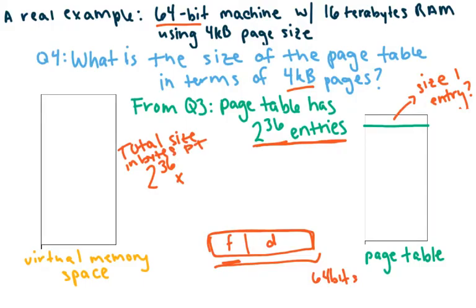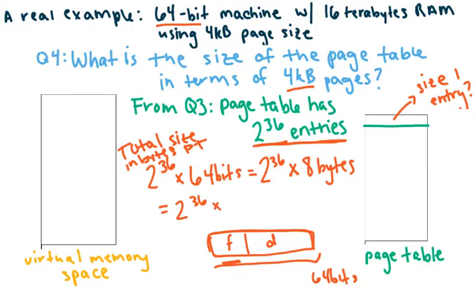So 2 to 36 times 64 bits, which is equal to 2 to the 36 times 8 bytes, which is equal to 2 to the 36 times 2 to the 3, which is equal to 2 to the 39 bytes.